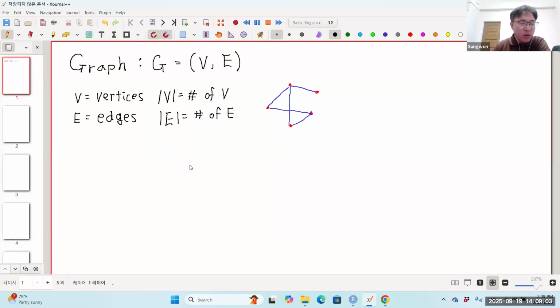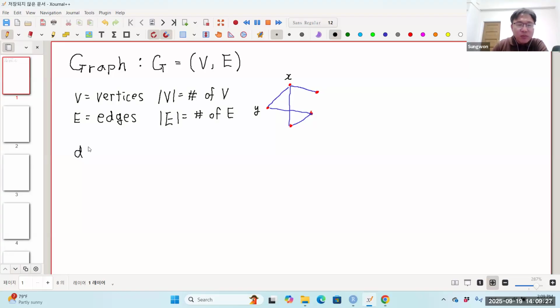And there's one more extra notation. Suppose here is X, and here is Y. X is a vertex, and Y is a vertex.